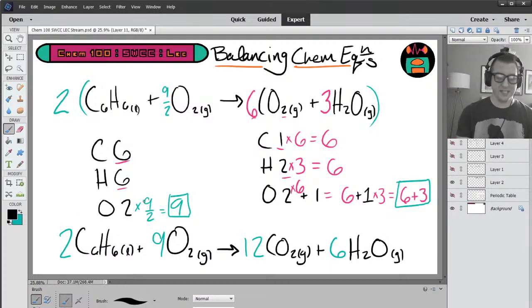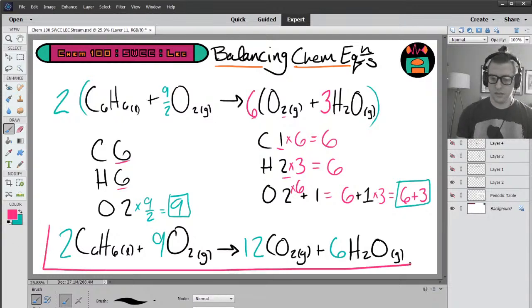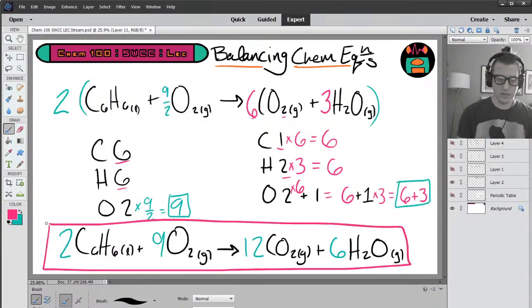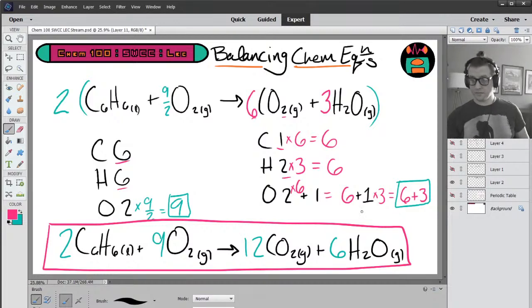All right, and this is our balanced chemical equation. All right, so that is how you balance chemical equations, how you balance chemical reactions.